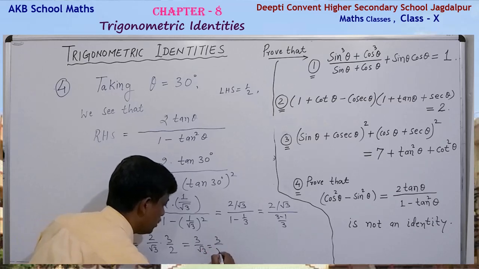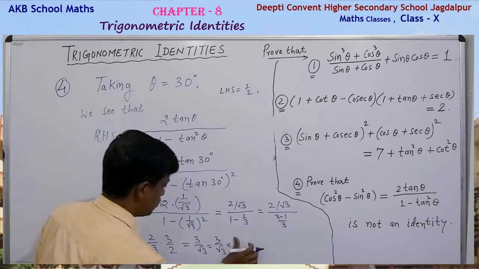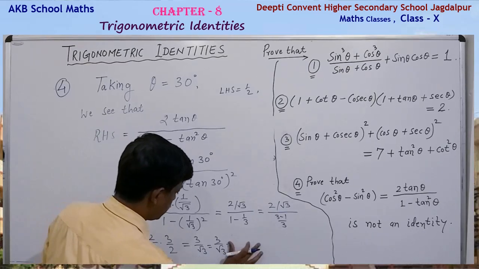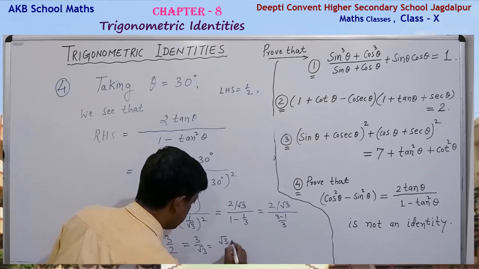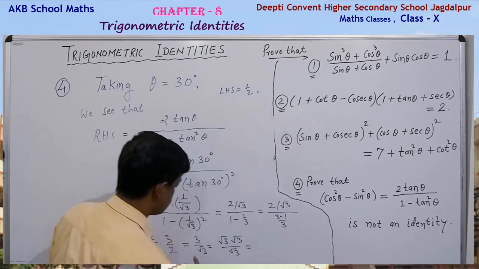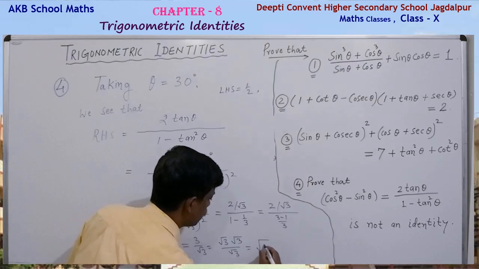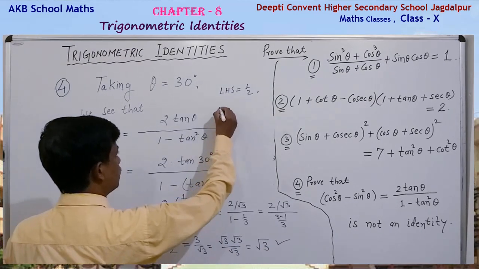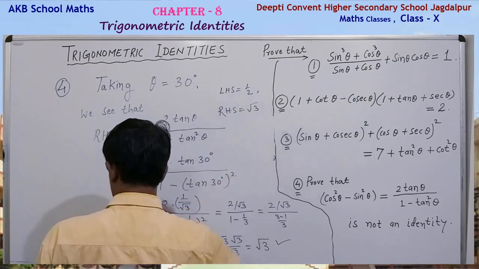So 3 upon root 3: we can write 3 as root 3 into root 3, upon root 3. So this is equal to root 3 into root 3 by 3. So finally, root 3. This is the value of the right hand side. Right hand side equals root 3. Not equal.